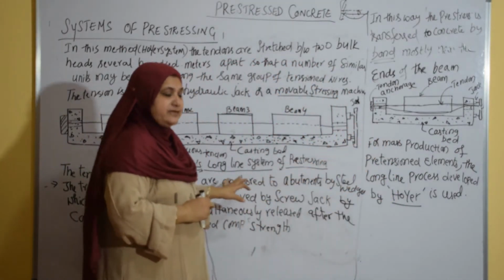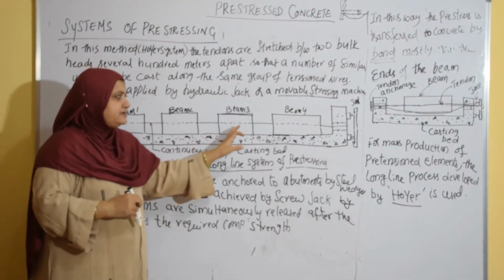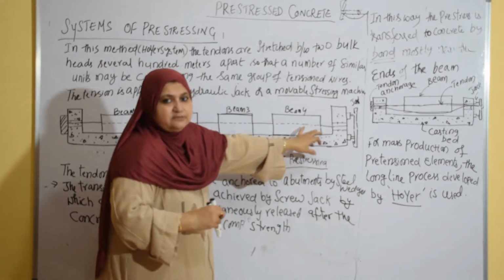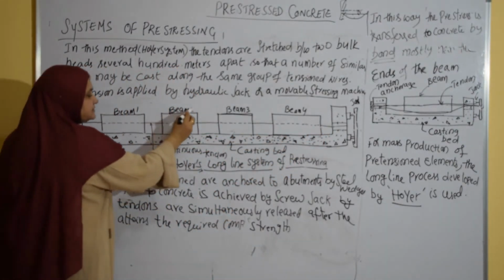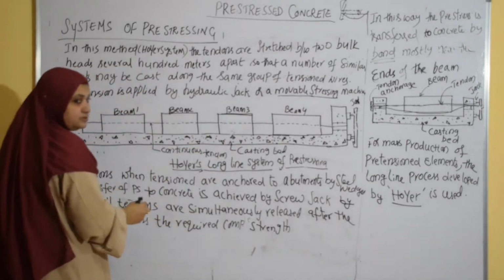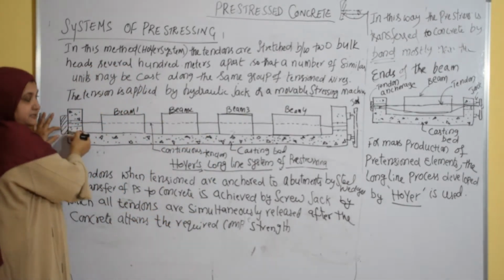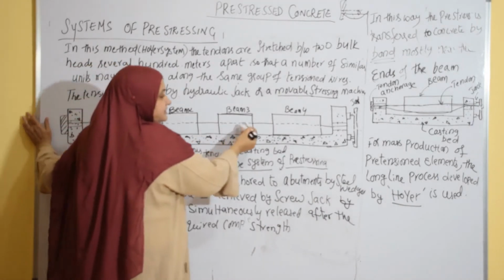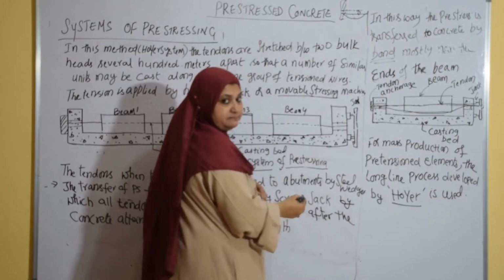This is also the same, but here the same wire, the same tendon, is running over 100 meters, right? So what you do is, this is one mold, this is one mold, this is one mold. The tendon runs from this anchorage, where it is fixed, across these stressing elements and is fixed to the other abutment.